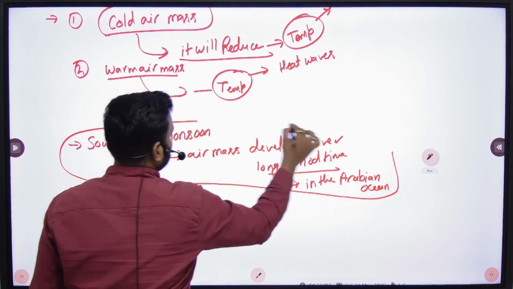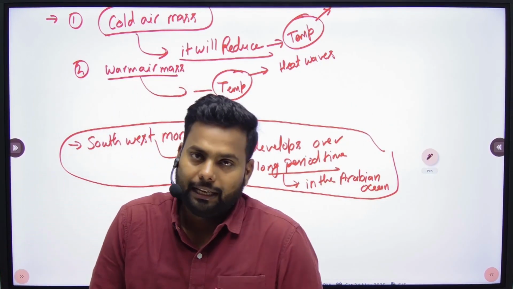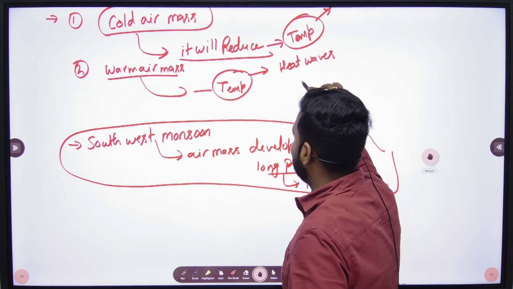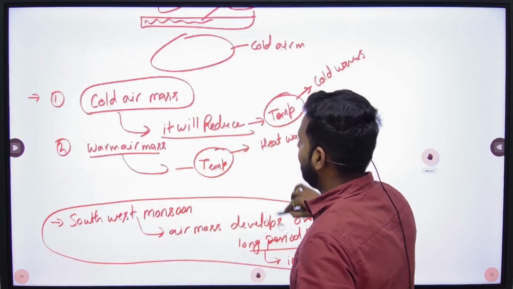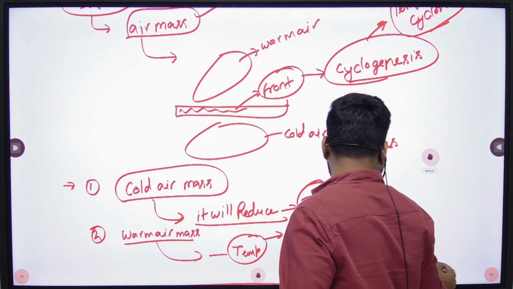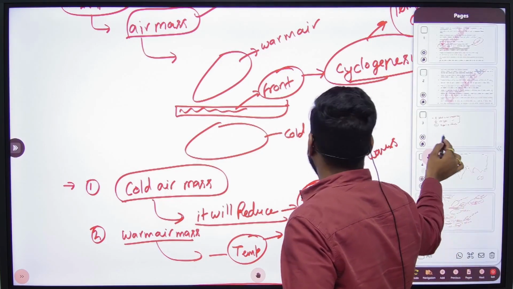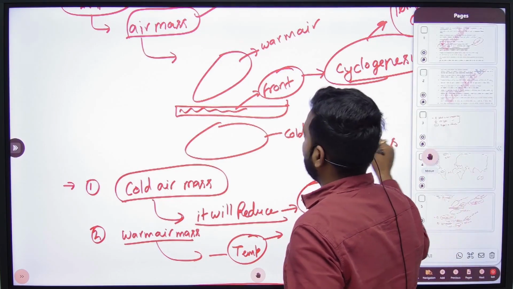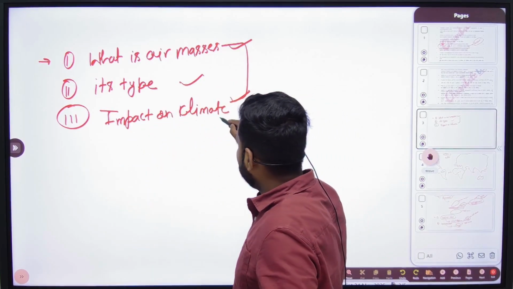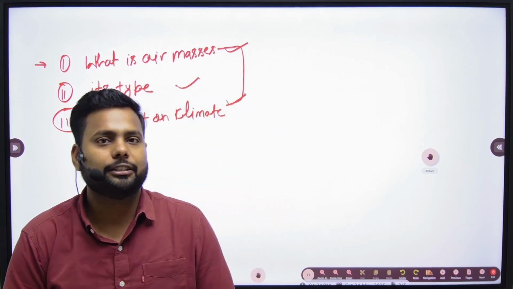So these are the impacts of the air masses. In totality, you should understand the nature of the question, and you have to discuss each one by one. Whenever you are approaching a question, you should understand the demand of the question: what is air mass, its type, and the impact on climate. We have handled this question very well. Okay.